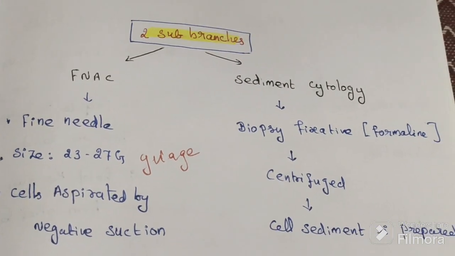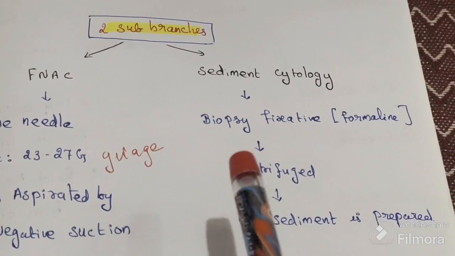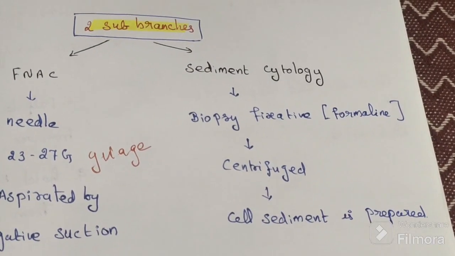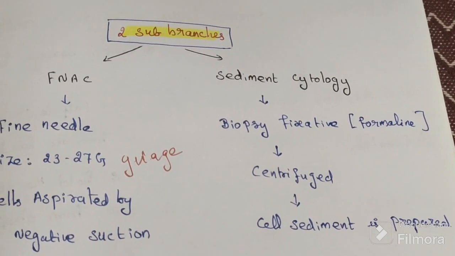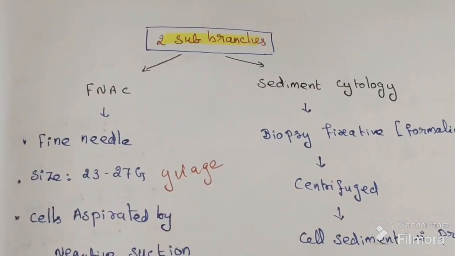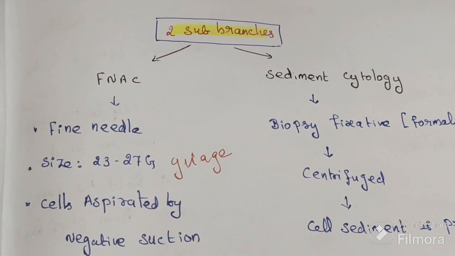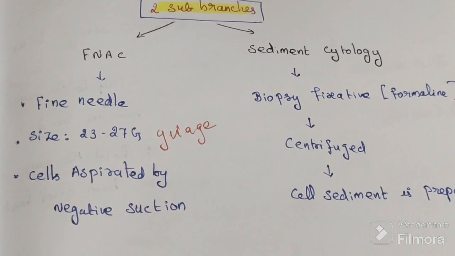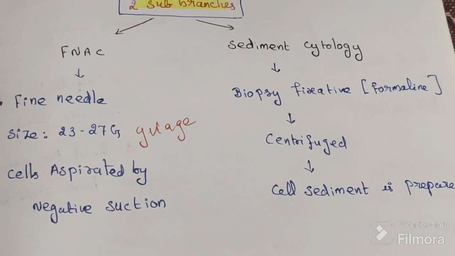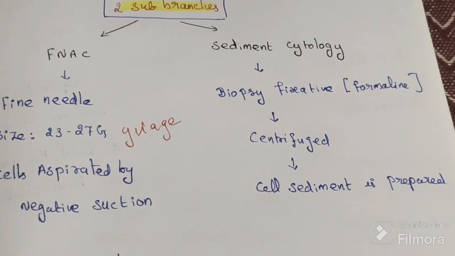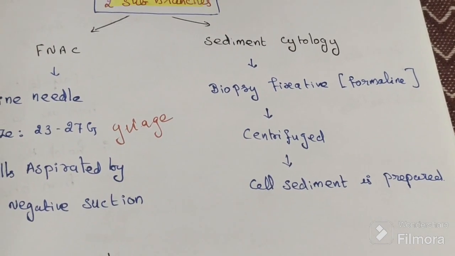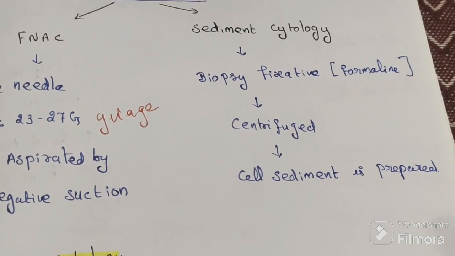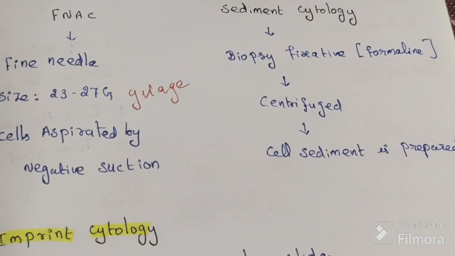So here a fine needle we are using, here biopsy fixative we are using. After that sedimentation, cell sediment is prepared. Basic is to take out single abnormal cells from that fixative which has been taken out from the biopsy specimen, then centrifuging and preparing the cell sediment, that is called sediment cytology.